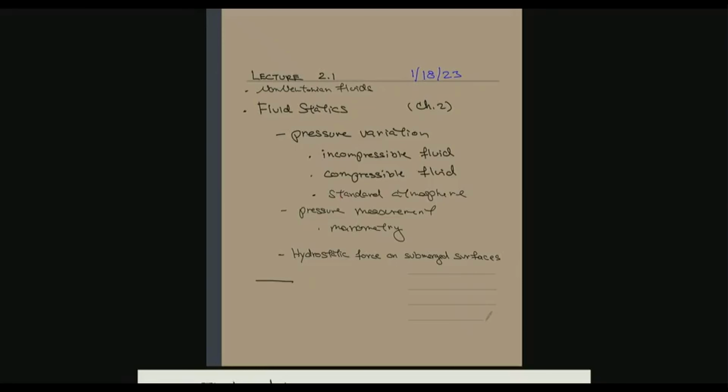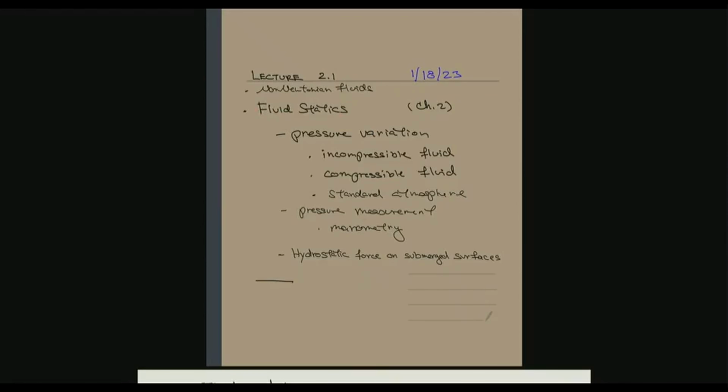But that's one application. This is a very important base for the discussion of fluid statics. And that leads to discussion of pressure measurement, and in particular manometry.